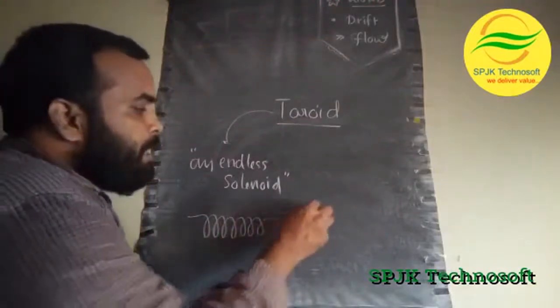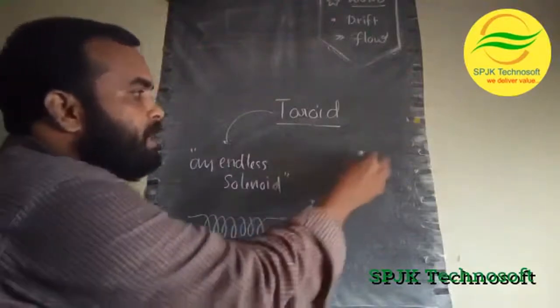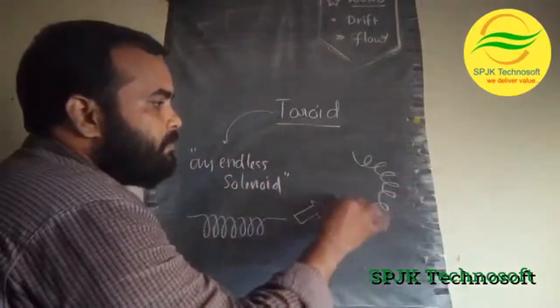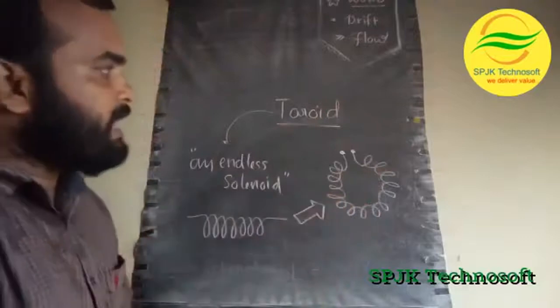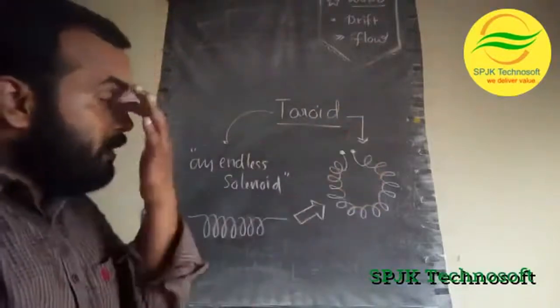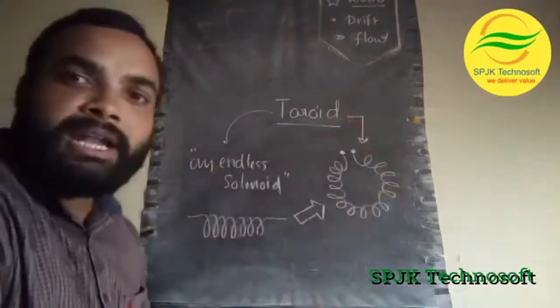Now this can be molded in a circular shape. If you make it in a circular shape, then it looks like this. We call it a toroid, an endless solenoid, because the starting point is here, again here, and we can treat it as an endless solenoid.